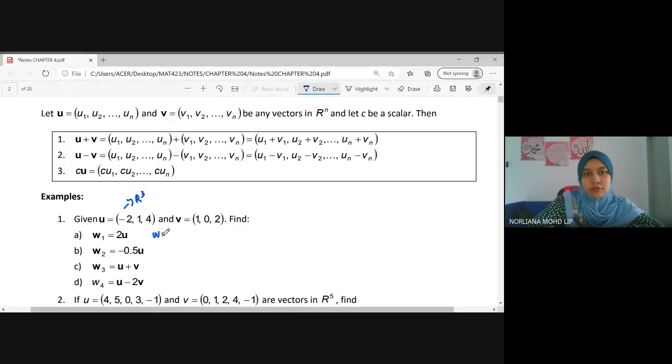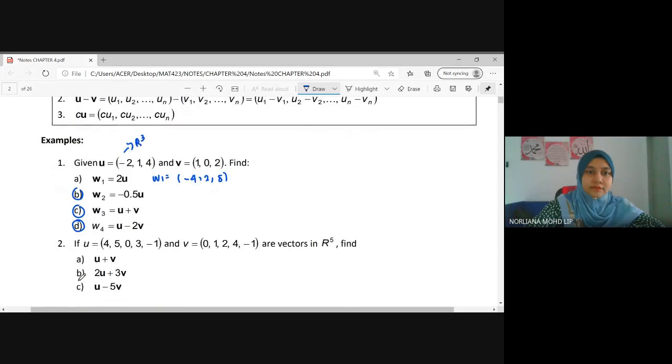So w equals, same as before, 2 times the vector u. So we get negative 4, 2, 8. You can find this here for b, c and d. Find the vector using the three basic operations of a vector.